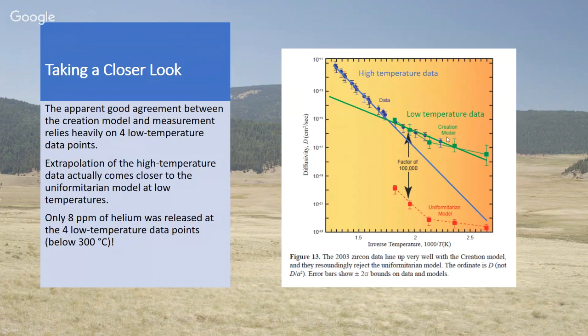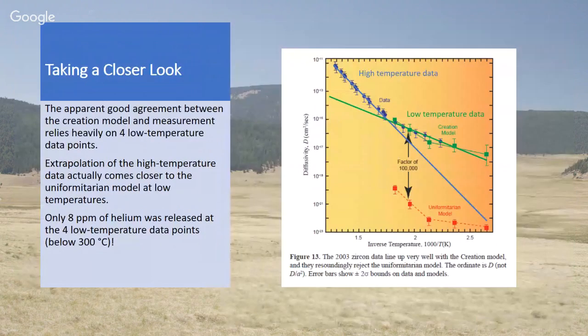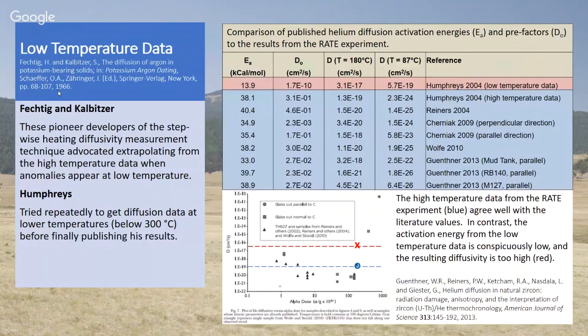So what is important to ask now is, what is the validity of this low temperature data? The experiment that was done here, I'll go back a slide, there is a paper back in 1966 by Fechtig and Kalbitzer.